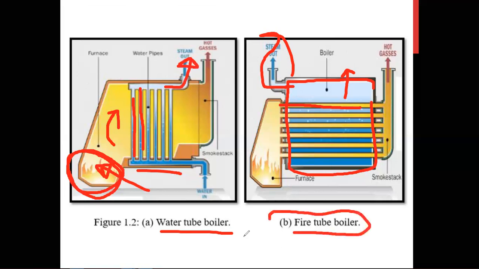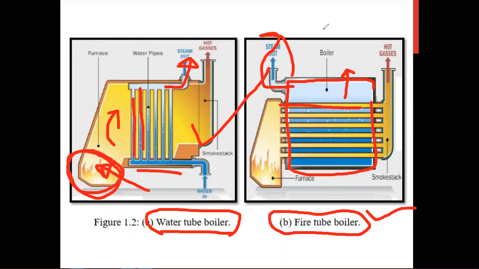My student, remember the water tube boiler is basically used for large power plant. That means when you need large amount of steam, a water tube boiler is required, because you see that the amount of hot gas is much more here and the amount of hot gas available is much less here. So it is for large power plant, and the fire tube boiler is for medium or small power plant.